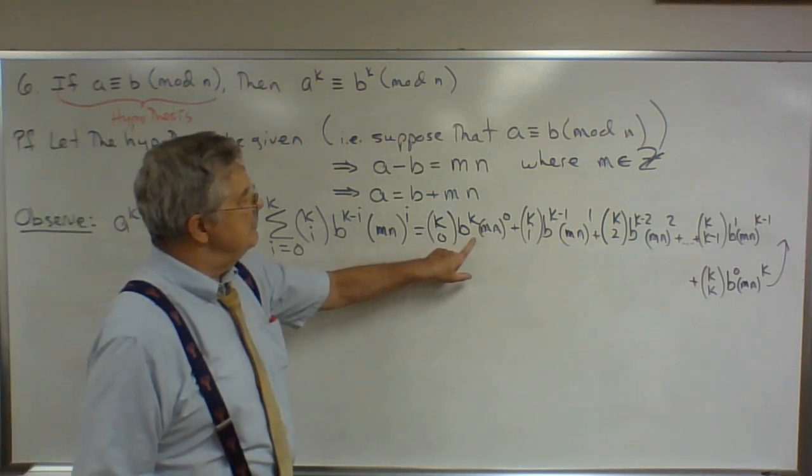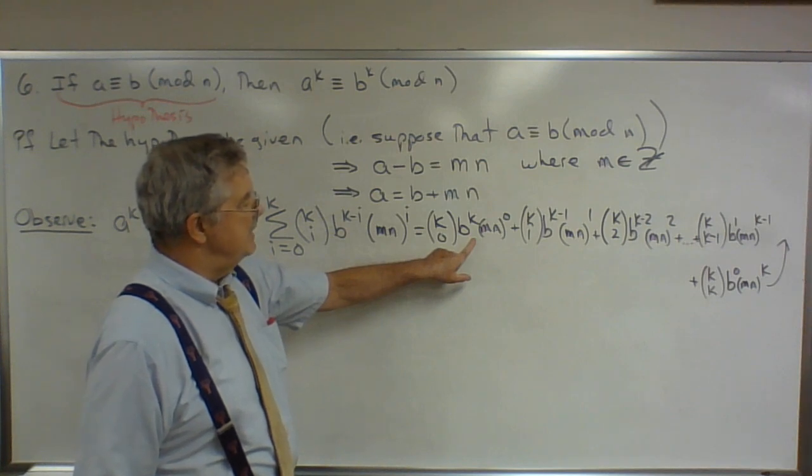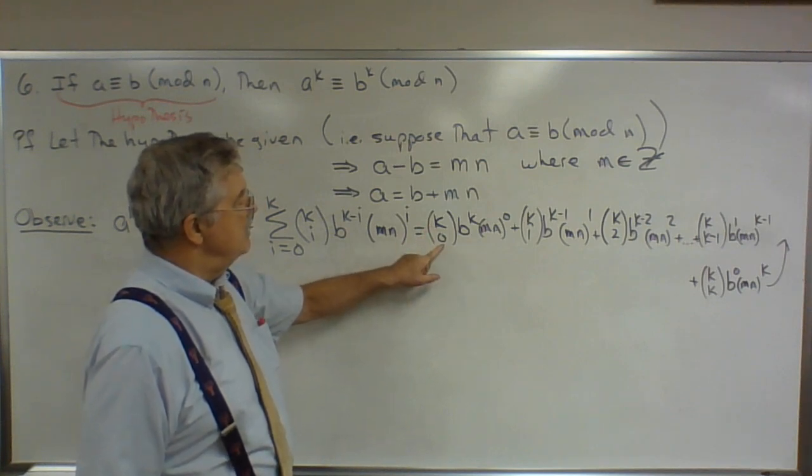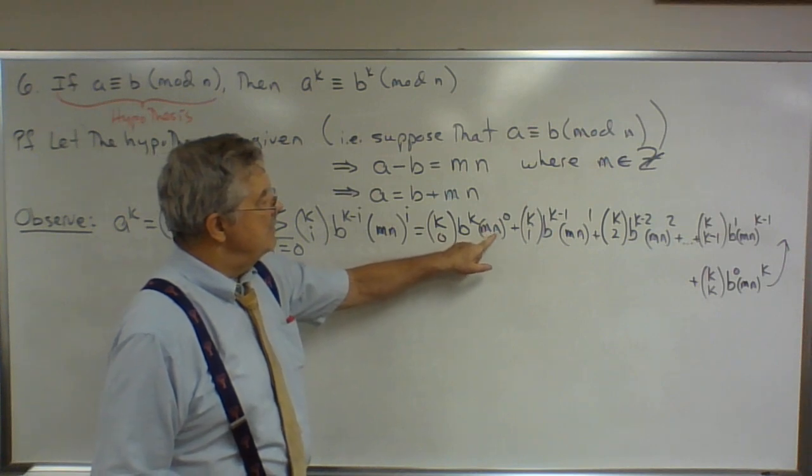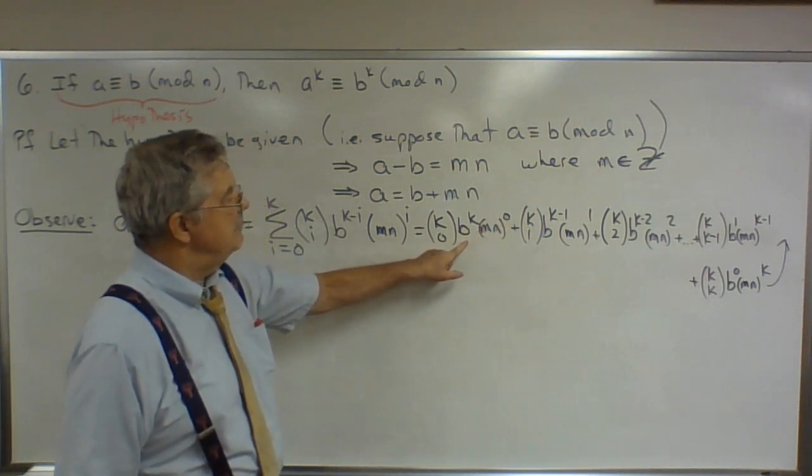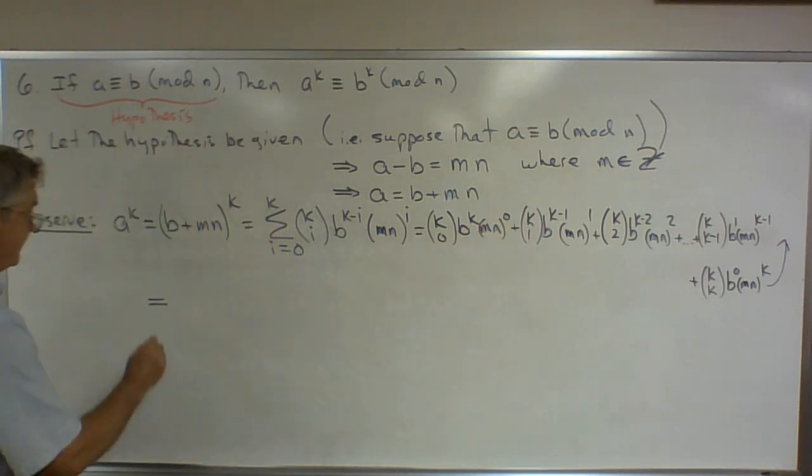This term is just going to be b to the k. k choose 0 is 1. m times n to the 0 is 1. This term is just b to the k.